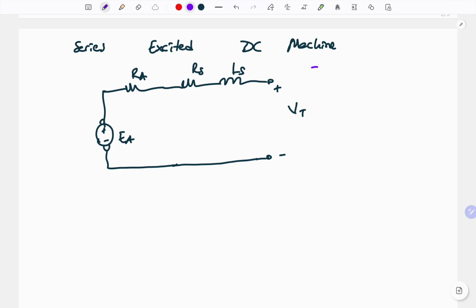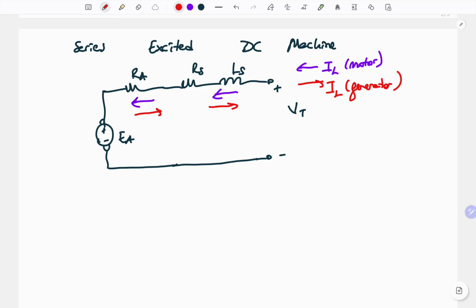And similarly, if we have a motor operation, IL must show inside of the circuit, and the current flowing through the series components, the armature current, will be in the same direction as the line current. And for the generator operation, only the current flowing through the circuit will be reversed.